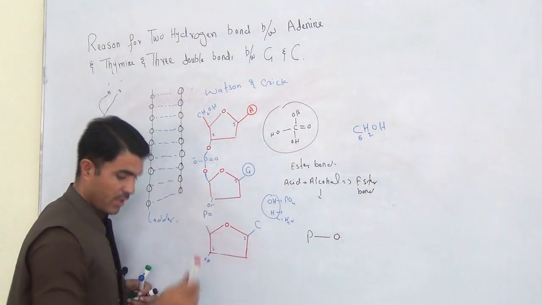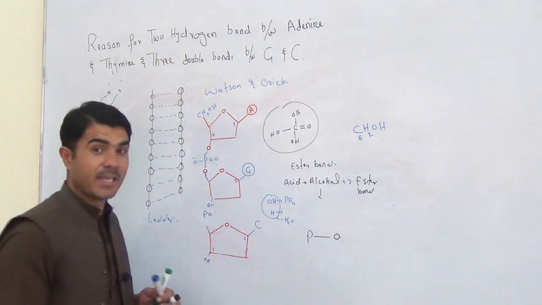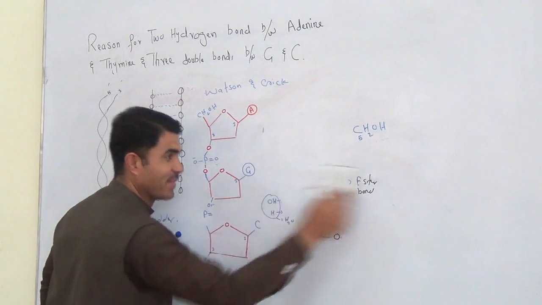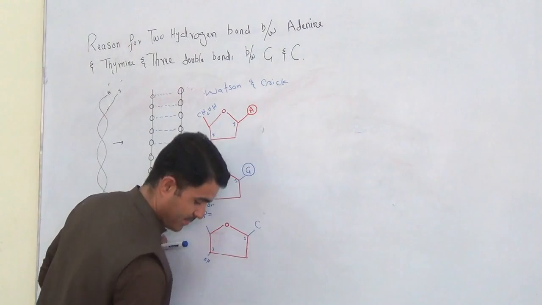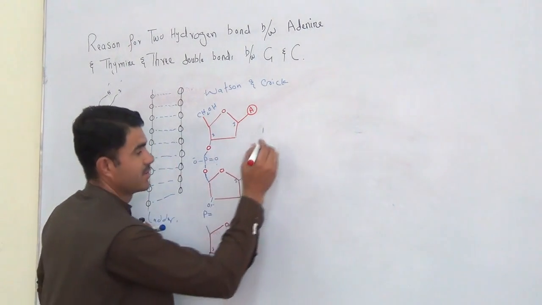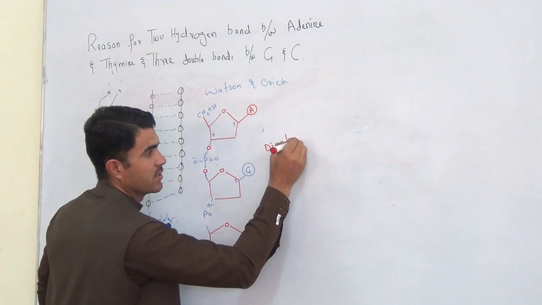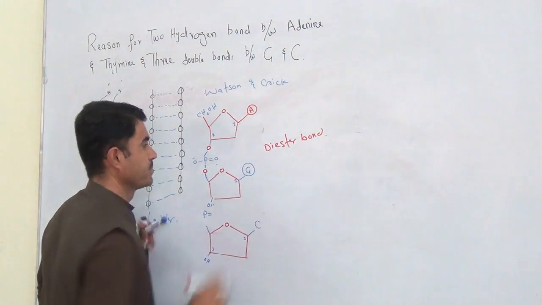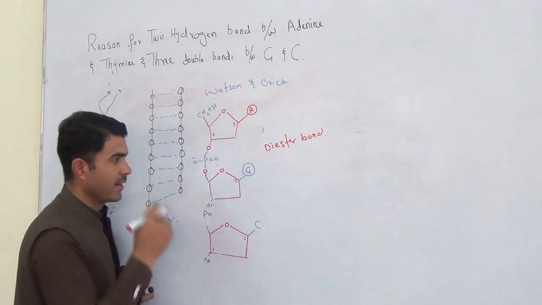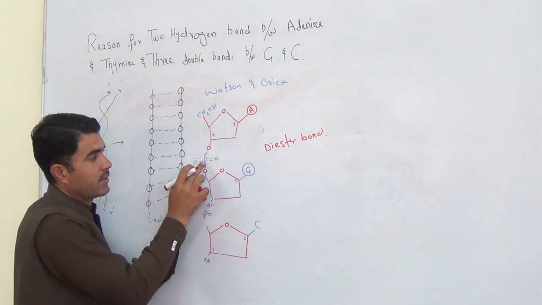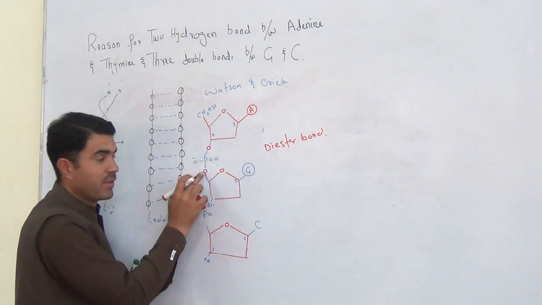So therefore the name of this bond is, maybe the students who are watching will tell me, I can't hear you, but I hope you will say this is called a di-ester bond, right? Okay, I can just repeat it: here is OH and the phosphate will make a bond with that OH.